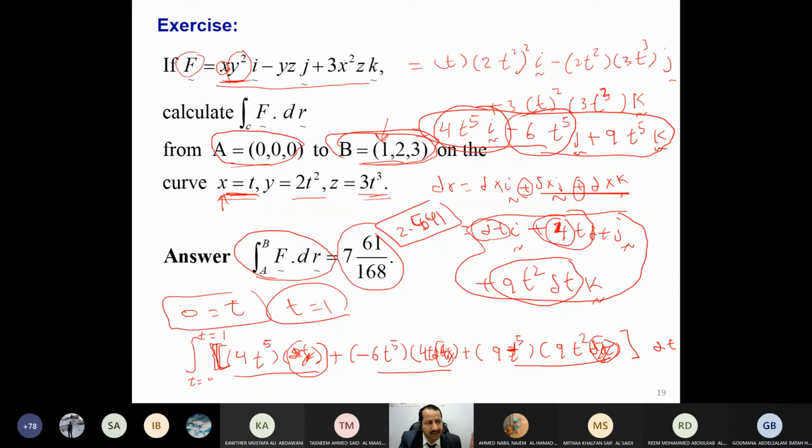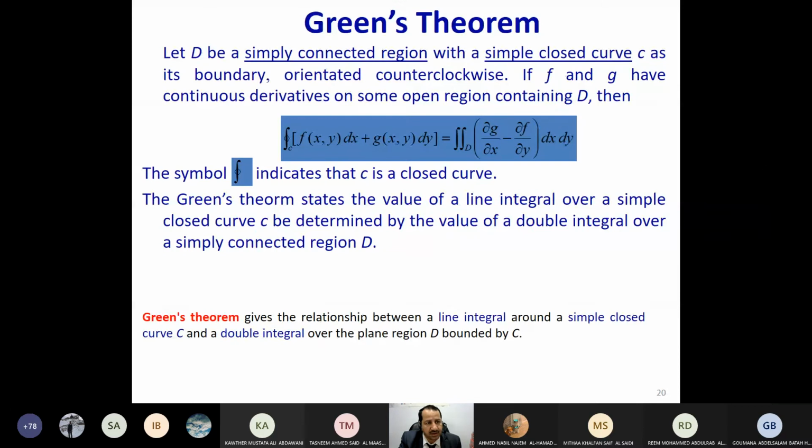Now the last point to close this session is Green's theorem. You remember until now we are doing integration along a curve. We are given a curve C and we integrate along it. In some applications, the curve is closed, becoming a closed area.